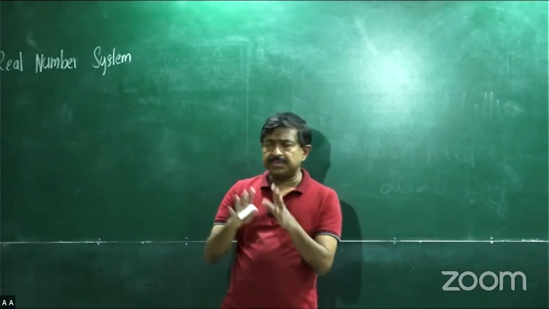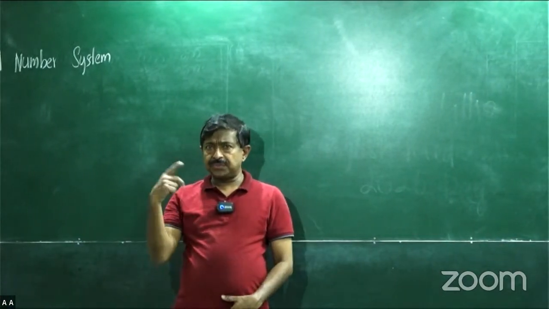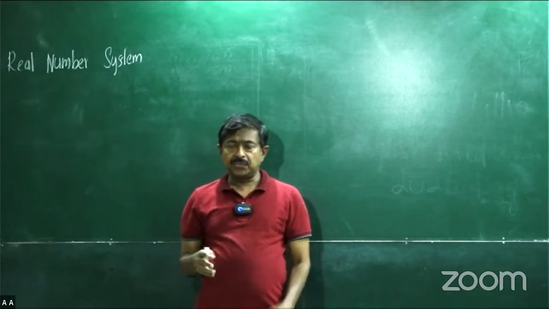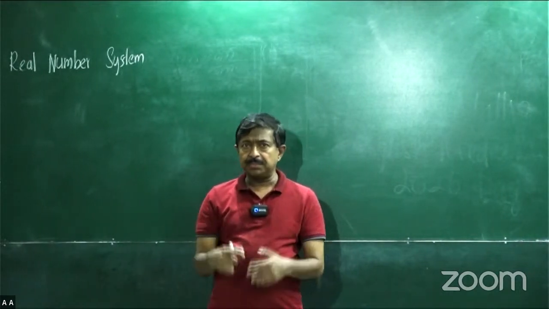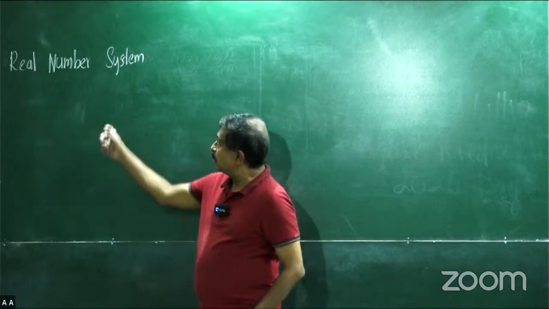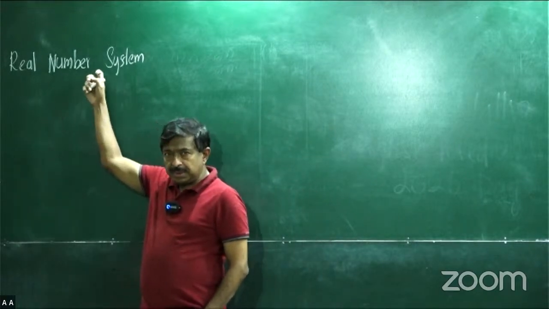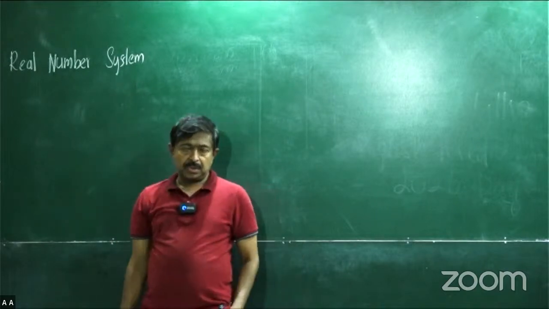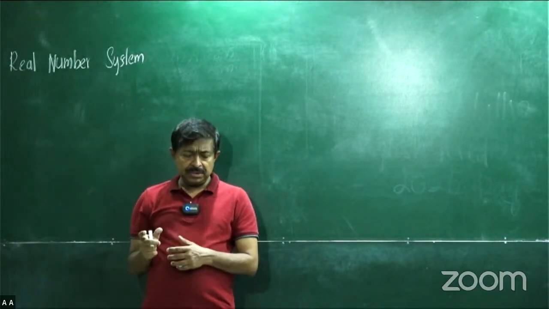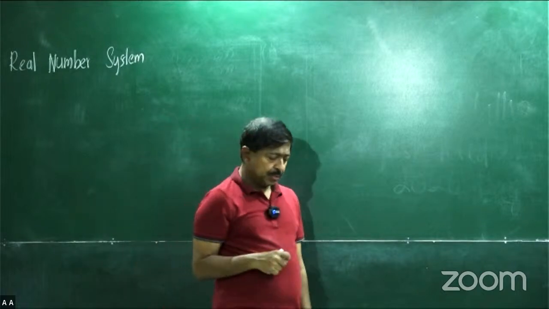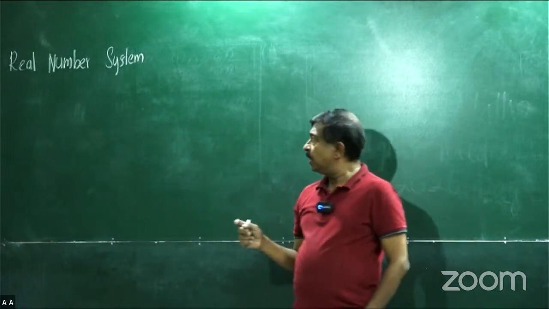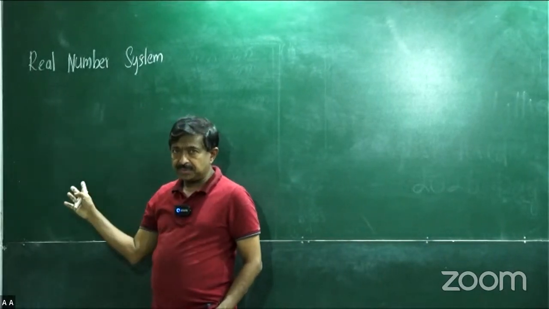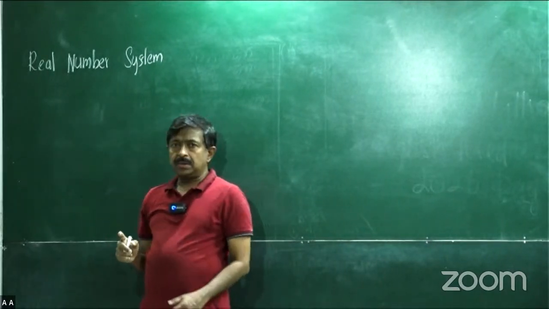Here we basically see how it evolved from the very basic set of numbers. This is in the syllabus at the beginning, but there won't be any questions from this. However, even though there are no questions from this section, you need to be familiar with certain notations.